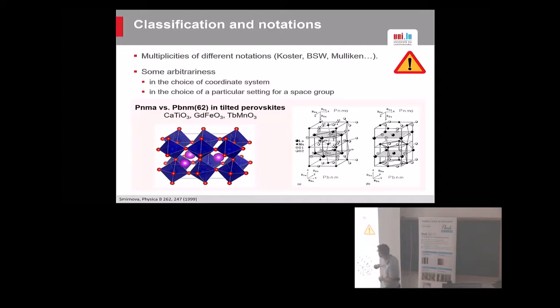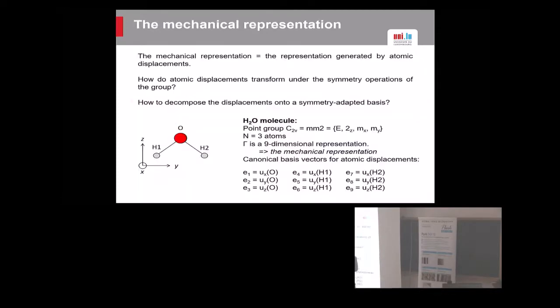This is just the example of this orthorhombic perovskite for two different origins and two different sets of axes, x, y, z. Right, so this is the end of these warnings on notations. Again, not to be learned by heart, but just a couple of attention points to have every time you encounter this kind of symbols.